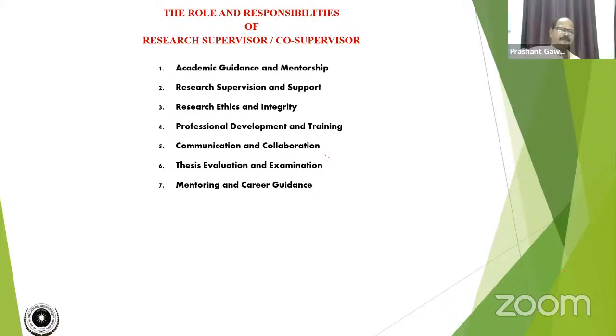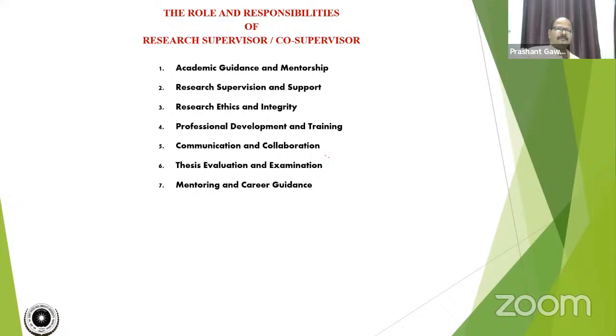Another is research supervision and support, any kind of support that you have to initiate. One more thing is research ethics and integrity, which should be maintained by each and every supervisor and co-supervisor.